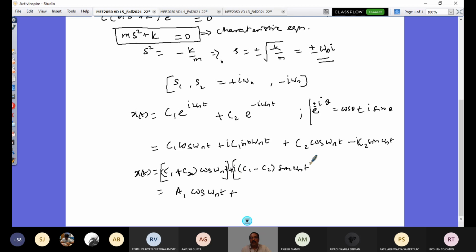And then this is going to be C1 minus C2, I'm going to write it as A2, taking this i also as A2 sin omega nt.